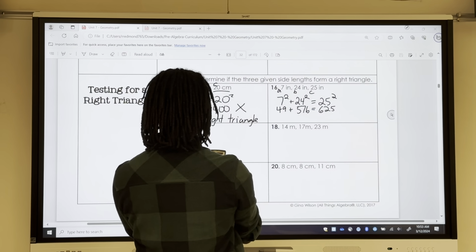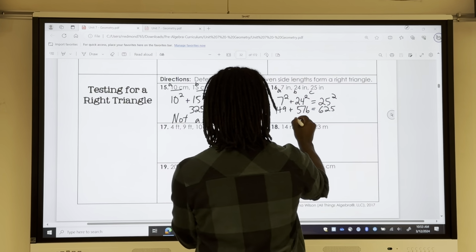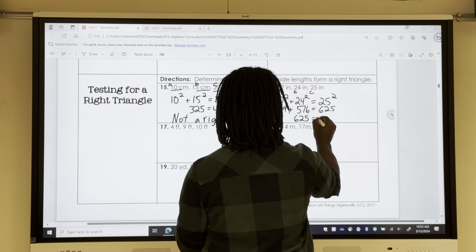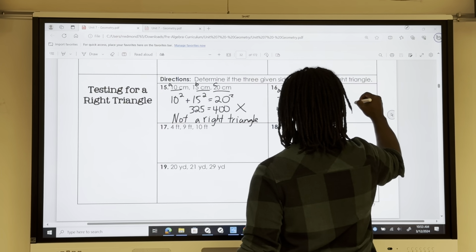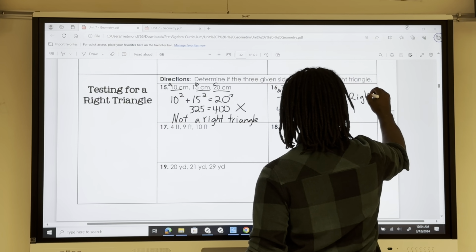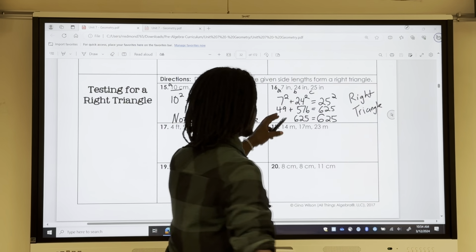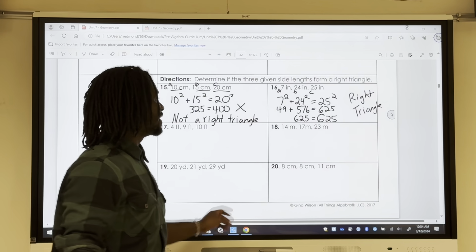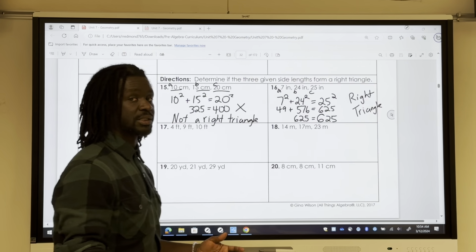So then add these up, 49 plus 576, that is 625, that is equal to 625, and so this is a right triangle. Why? Because once you do A squared plus B squared, it equals the same as C squared.